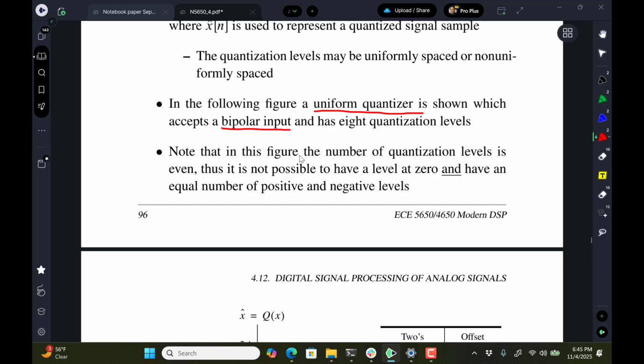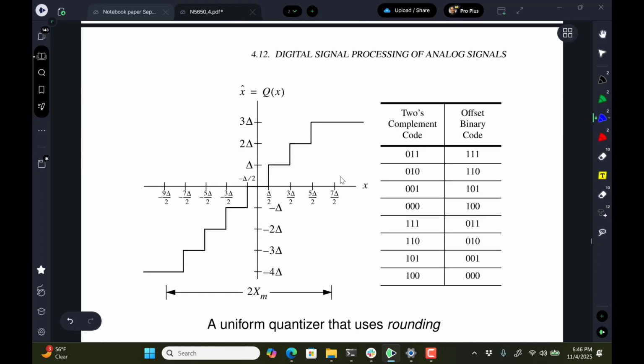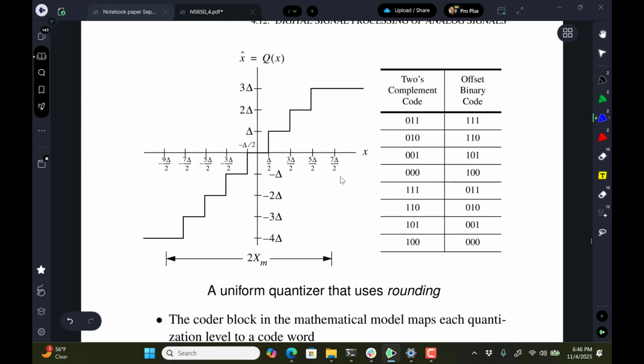In the picture I'm going to look at here, there's 8 quantization levels, just because it's easy to draw the picture. So this would be the simple uniform quantizer, and it sets the stage for the terminology that the book likes to use. They talk about X max.